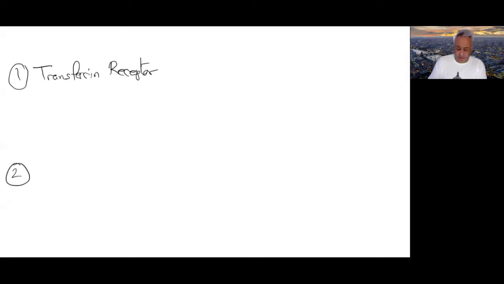In order to fully understand this very simple circuit, we need to follow the fate of two proteins that are produced by a cell. So the two proteins, let's put them in black, will be the transferrin receptor and the vaults, which are ferritin.